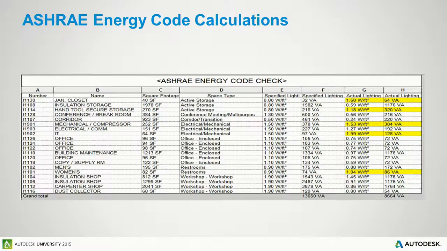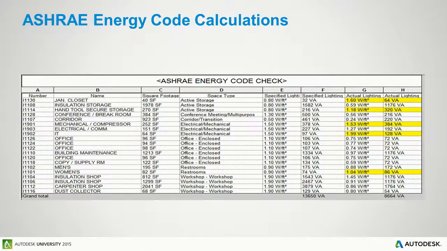So it pulls that in, and then if our lights are in the space, it also pulls in what we have in that room. So all we've done is we've set up spaces, we've put our lights in the model, and we've created a schedule manipulating that data to our advantage.